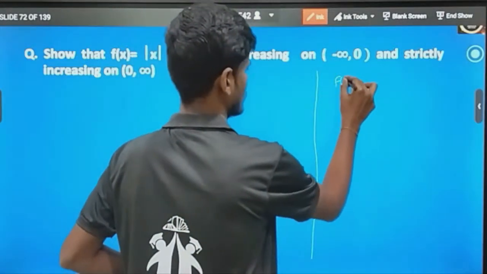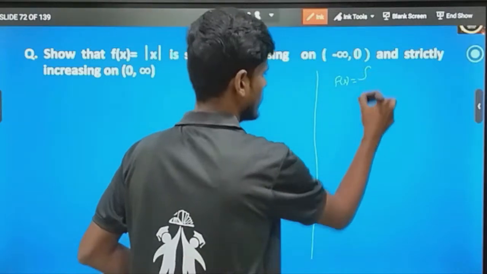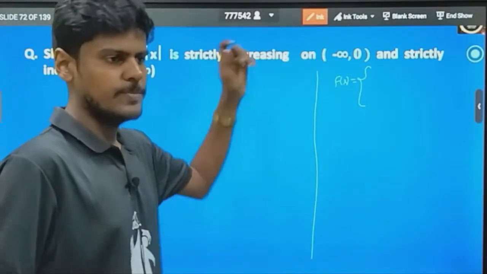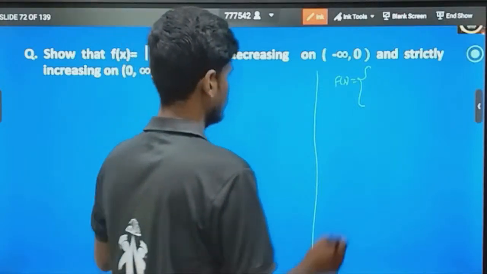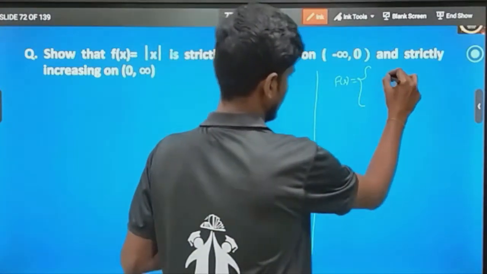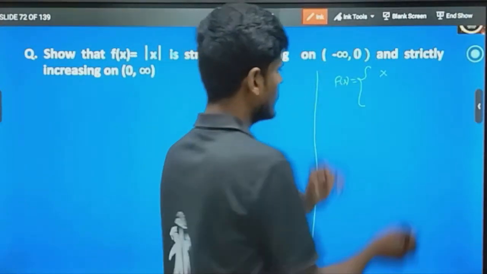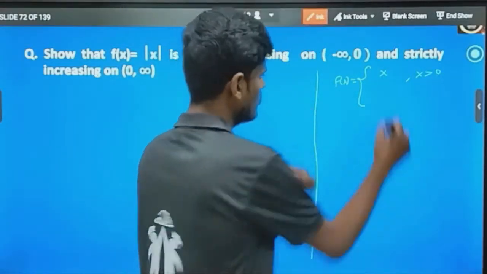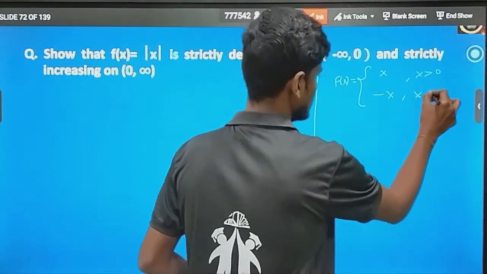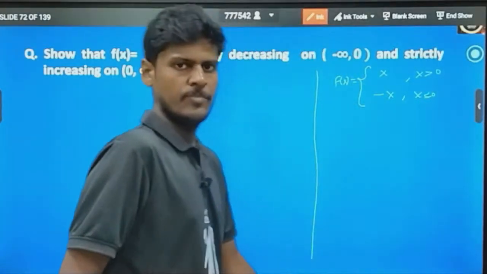That is the easiest way to solve this question. First thing, always whenever modulus function comes, try to break into functions that are easily differentiable. You know the differentiation of that function. So what is mod x? That is equal to x when x is positive, and this is equal to minus of x when x is negative number.